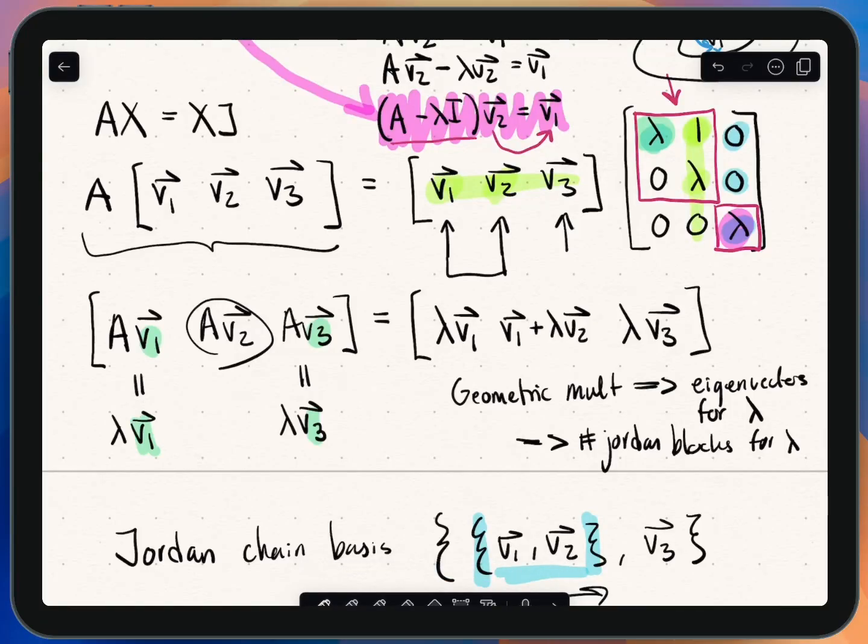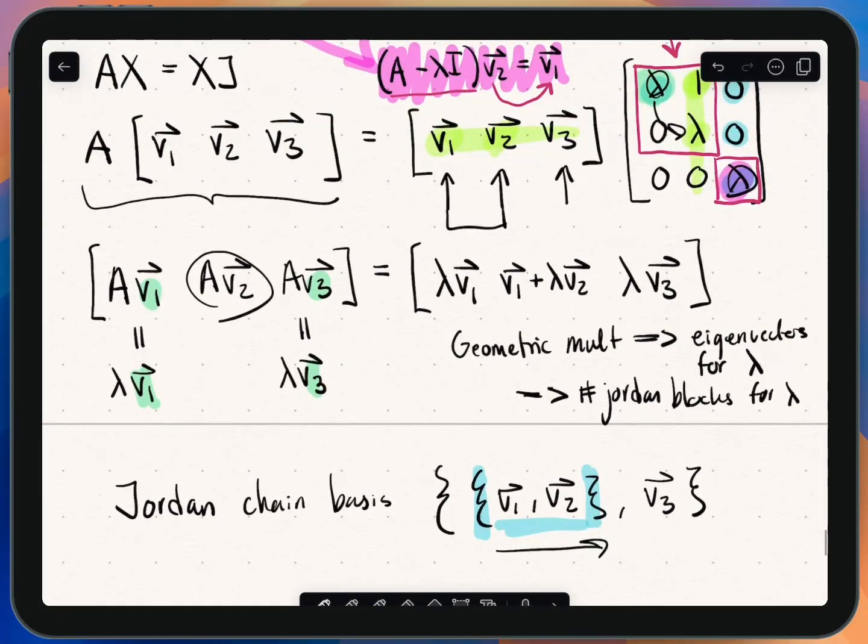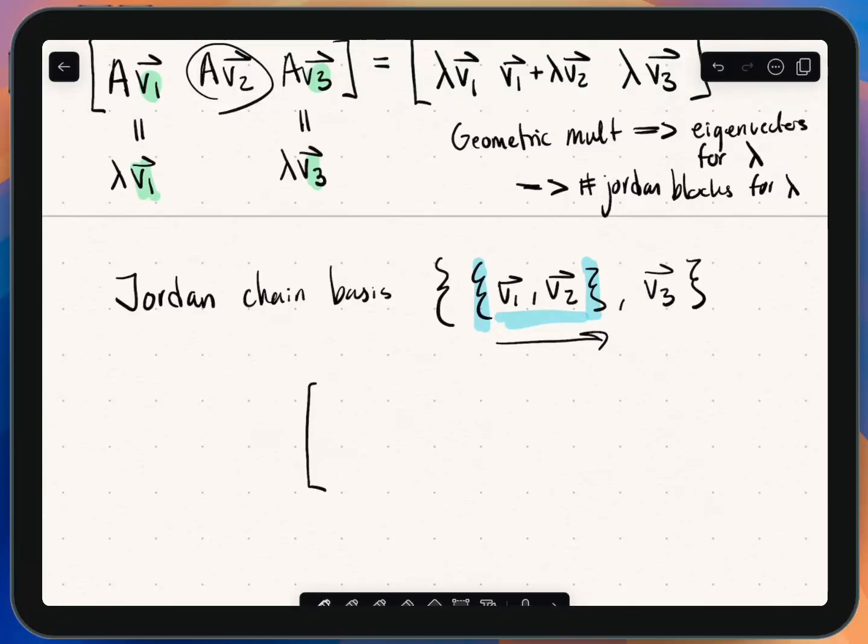Because we're going to have 1 block for this eigenvector, 1 block for this eigenvector, and for all the things that we're missing, we're going to derive those missing vectors from those first eigenvectors. So if you know how many eigenvectors you have, you know how many chains you will have, and then how many blocks you will have. If we had 3 eigenvectors, then the matrix would have 3 blocks.